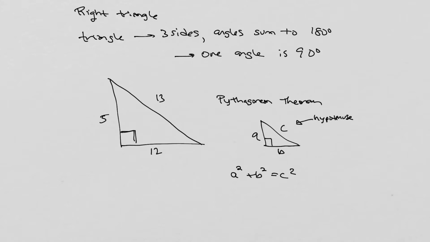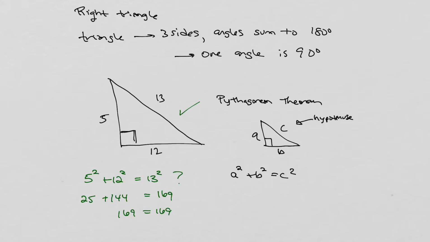So if we come back to our example, does 5 squared plus 12 squared actually equal 13 squared? Well, this is 25 plus 144. 13 squared is 169. So yes, this is a right triangle.